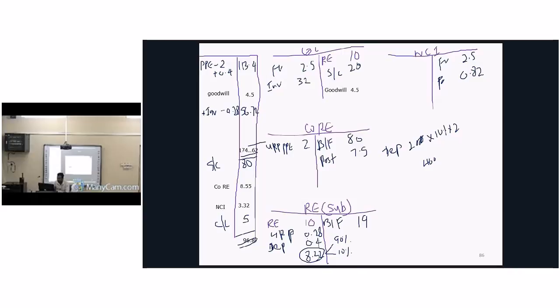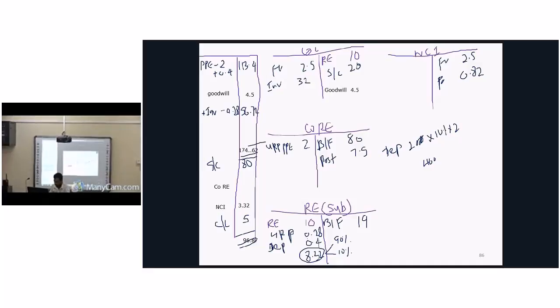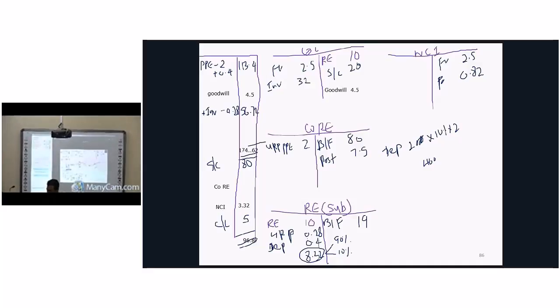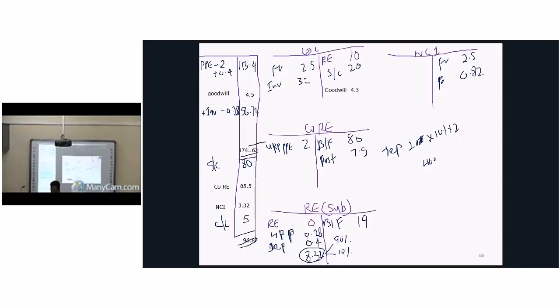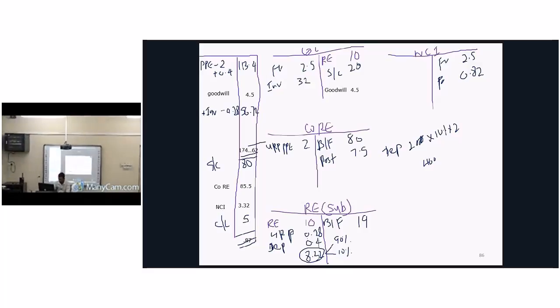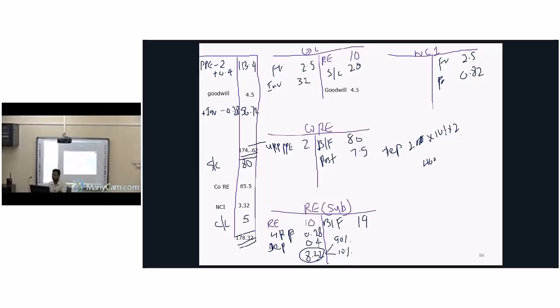Consolidated retained earnings balance wrong. $85.5. That's correct now. $178.32. Right?